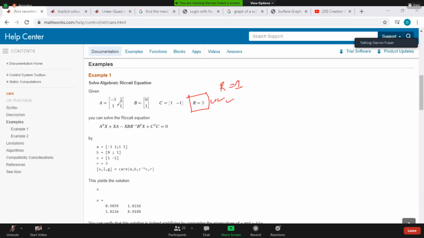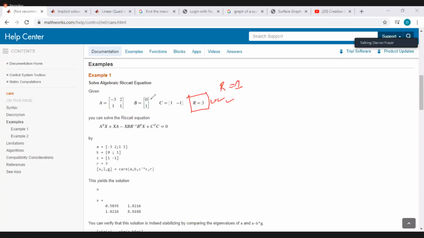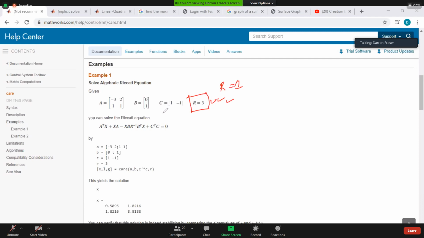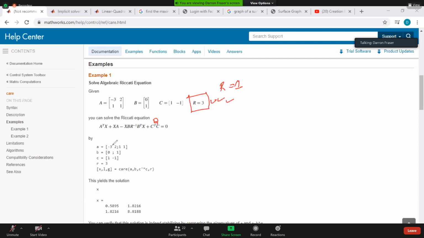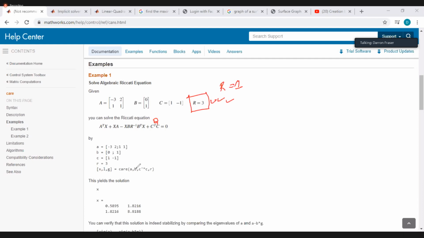But all right, so they are just doing something arbitrary here. R equal 3. So you have A, you have B, and you need C transpose times C to get Q. As you can see, they list out the system, XLG equal CARE of A, B, C transpose times C, which is Q, and R, which they list as 3.